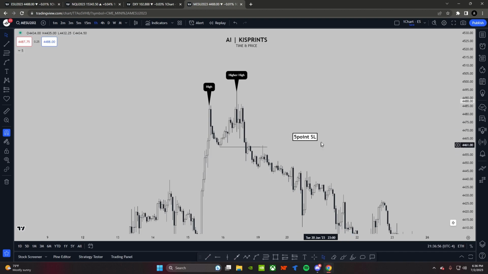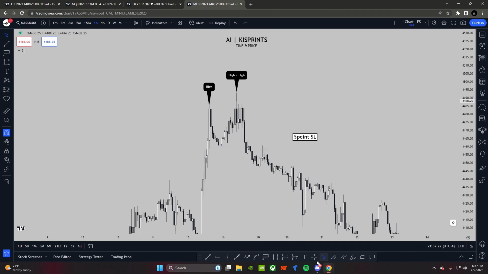It's very, very generous. Or, for example, in this case, since you have your higher high here, typically what the market will do is it'll form some type of consolidation after taking this higher high, and it won't automatically displace lower. So in this case, we have this consolidation here.